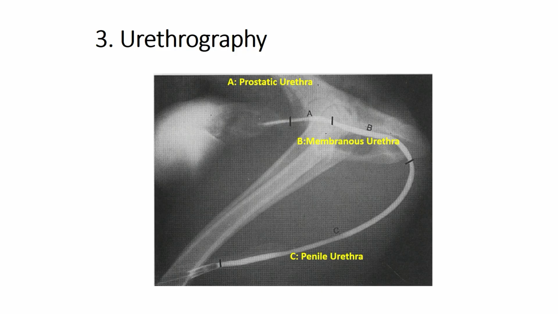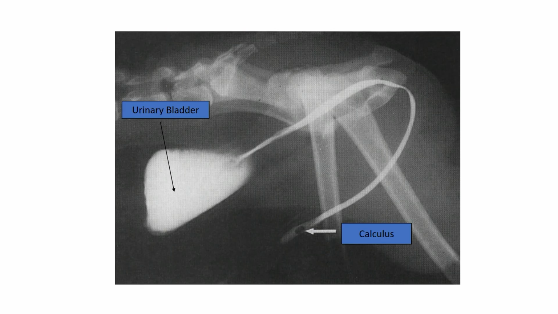So in this lateral radiograph you can clearly visualize the urethra: the penile urethra, membranous urethra and the prostatic urethra.